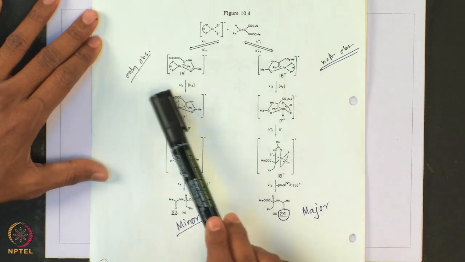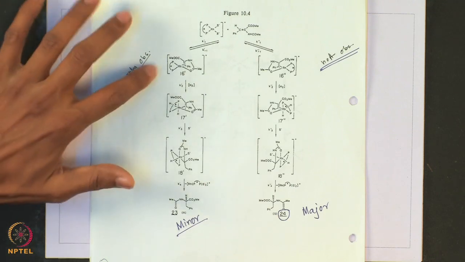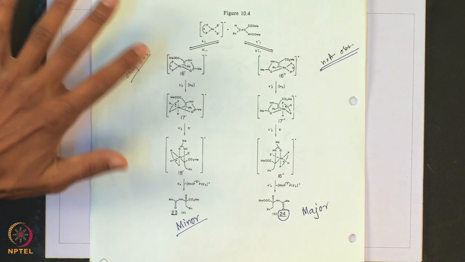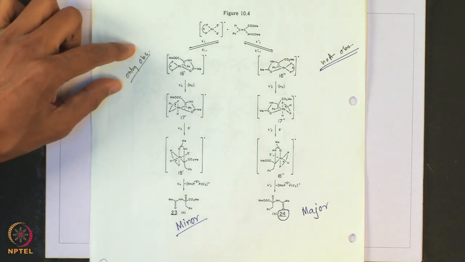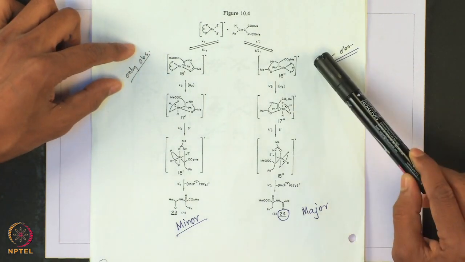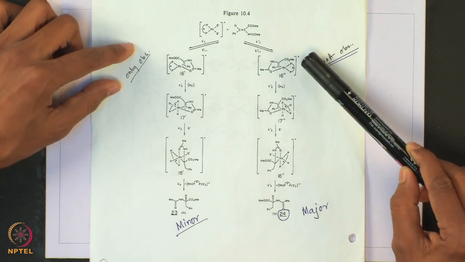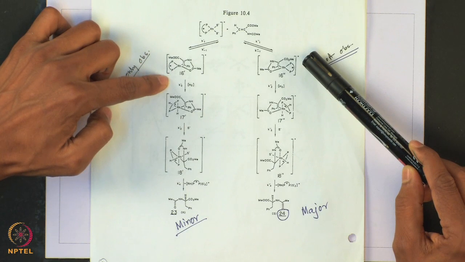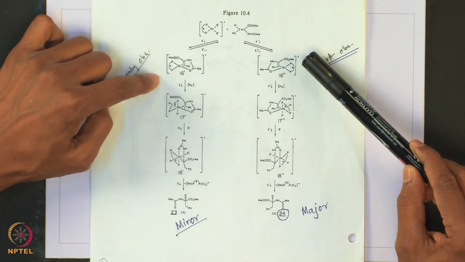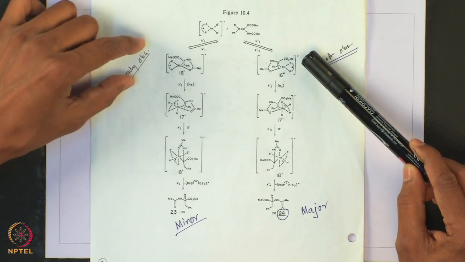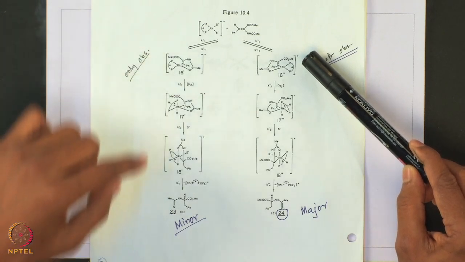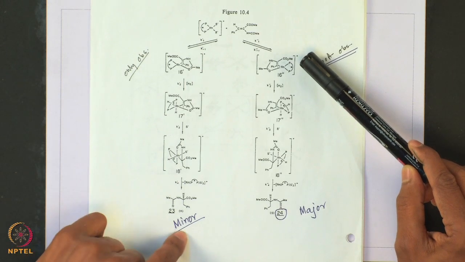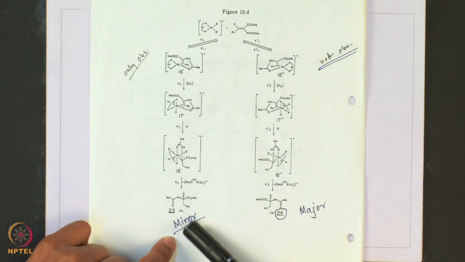On the other hand, the 16 prime, as you can see on the left hand side, is the intermediate that is only observed. The 16 double prime intermediate is never observed, whereas the only observed intermediate is 16 prime. This 16 prime intermediate is not leading to the corresponding compound, that is 23 in this case, but this is observed as the minor product.